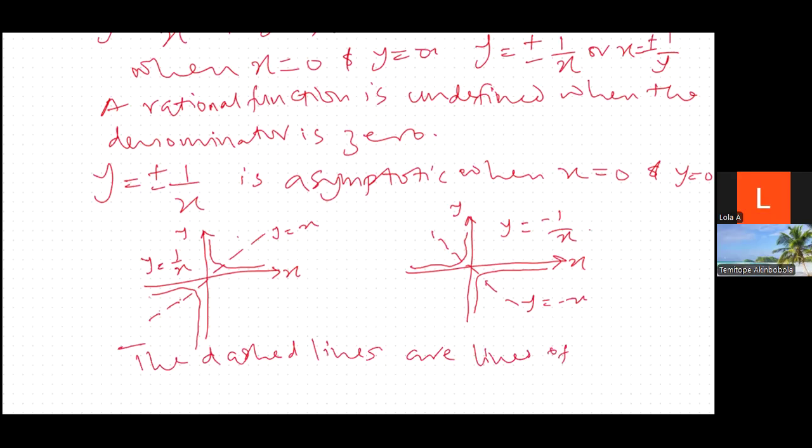So the dashed lines are lines of symmetry. Hope you still remember what we mean by line of symmetry. That means at that point, you can divide it into two equal parts. In other words, they are turning at that point. So when you're done with this, let me know.